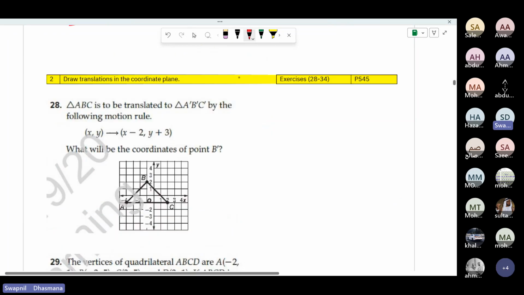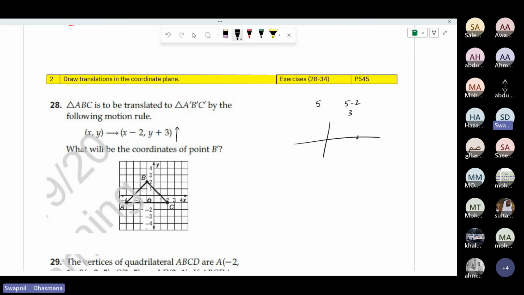Now translation. I told you if you have, for example, x minus 2, then it moves left, and y plus 3 means up. Y means down or up. X minus 2 means, if X is 5, minus 2 gives 3.